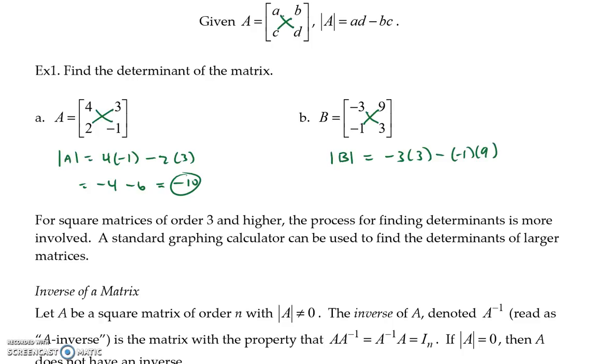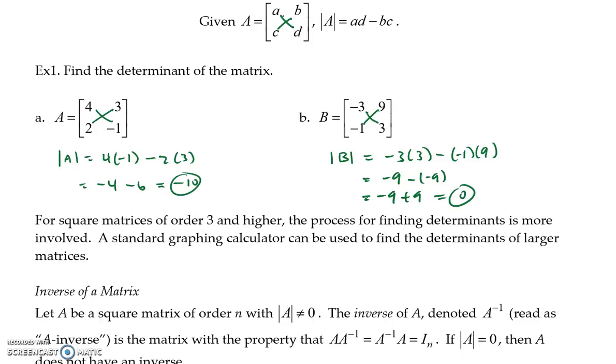So you have to be careful with your signs here, because it is a subtraction, and you sometimes have to subtract negative numbers. So we would have negative 9 minus negative 9, which is, of course, negative 9 plus 9. So here the determinant is 0.